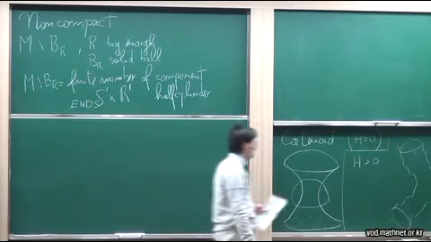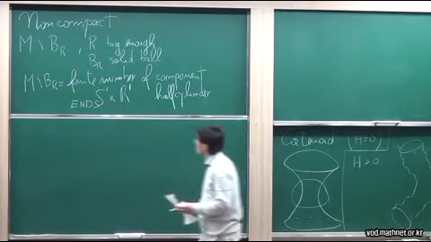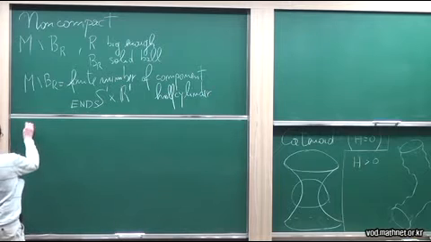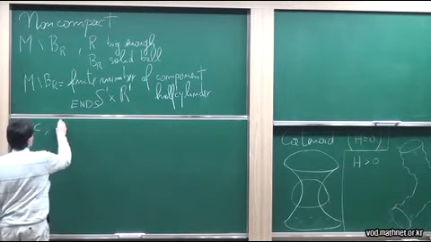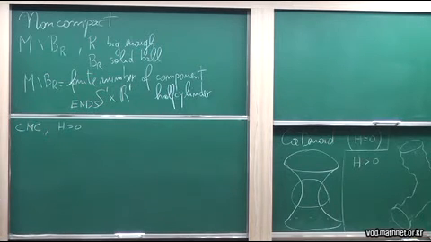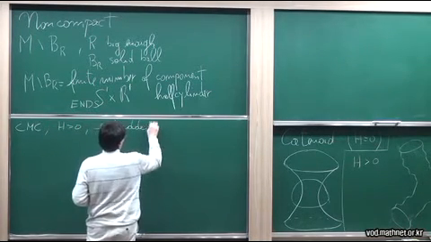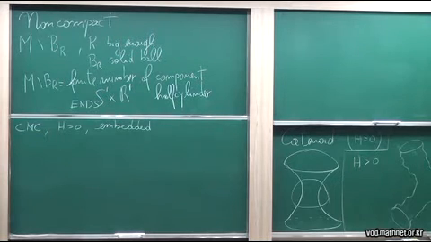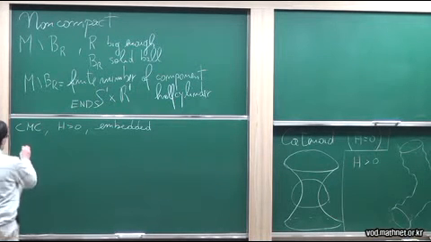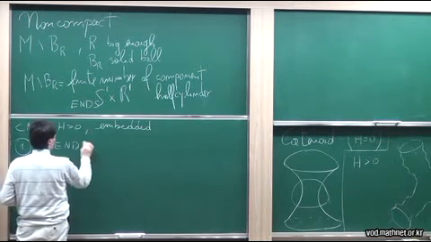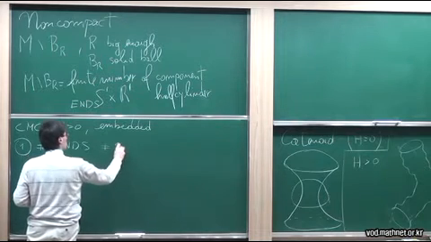There are the following surprising results. If I have a constant mean curvature surface with H positive, and assume also it is embedded, then the number of ends cannot be 1.